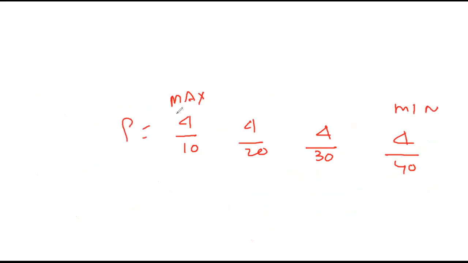Now divide this by 10, divide this by 20, divide this by 30, divide. Mass will remain constant. So what I did here, I increased the volume. In which case answer is maximum, minimum. So here density is max or not?